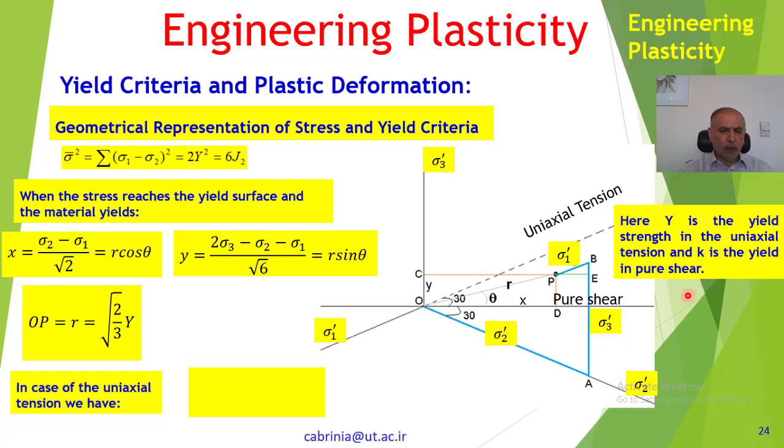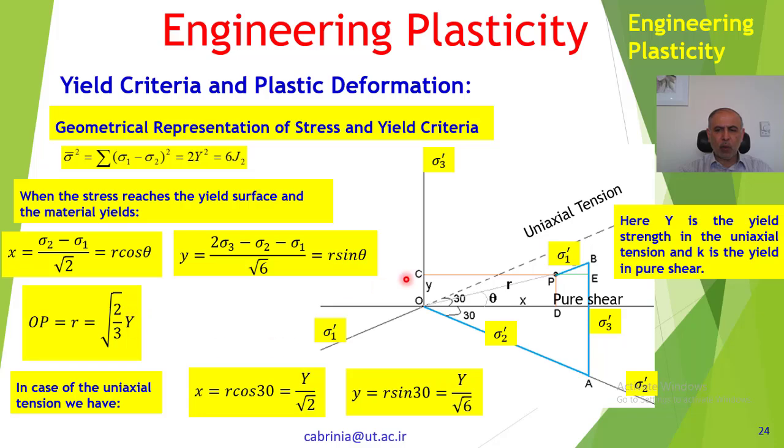Okay, so in case of uniaxial tension, we have X equal to r cos 30, because we said theta can change between 0 and 30. If it becomes 30, then we have uniaxial tension. So that's uniaxial tension, and if we substitute this in here, we get Y over root 2. And also coordinate y for when theta is 30 becomes Y over root 6.